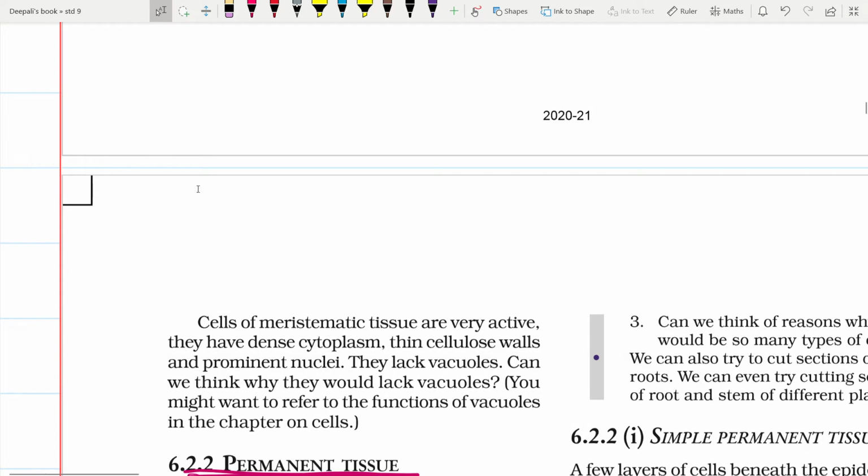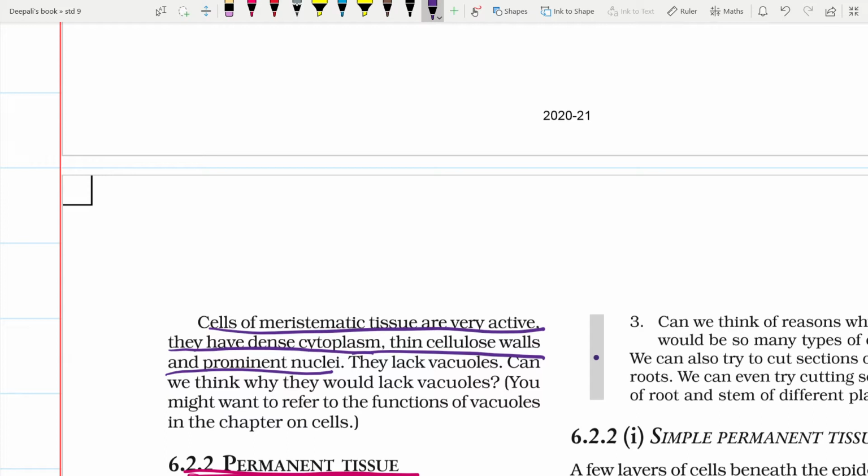The cells of meristematic tissues are active and they have dense cytoplasm because they have to constantly grow. Thin cellulose walls and prominent nuclei. They lack vacuoles because they don't perform the function of storage as they constantly multiply and grow.